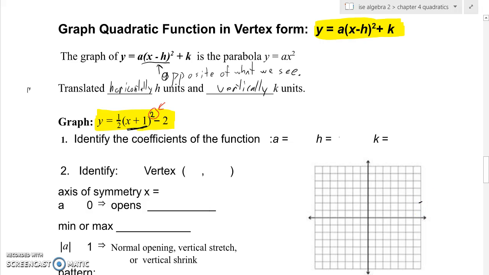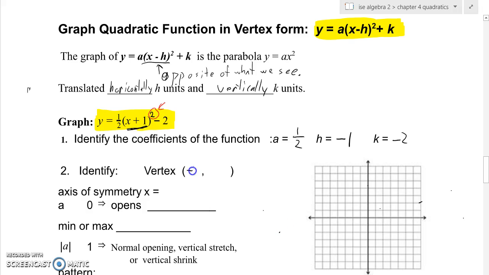Our h is a negative 1. You take the opposite of what you see. You're thinking, what lets that equal 0? Whereas the k, you take the same as what you see. So our k is negative 2. Always weird for students to remember that.